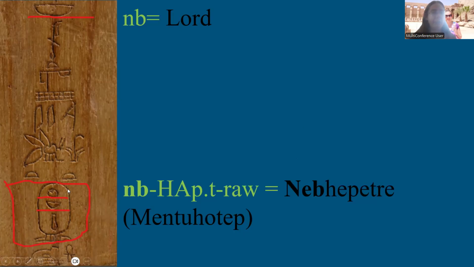So that neb, that NB chunk there. This is a really good illustration of how it's the same picture, same image, but in the inscription at these two different points, it's doing two very different things.